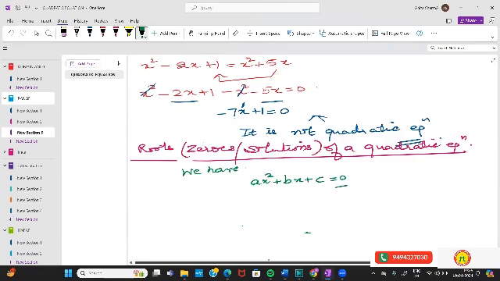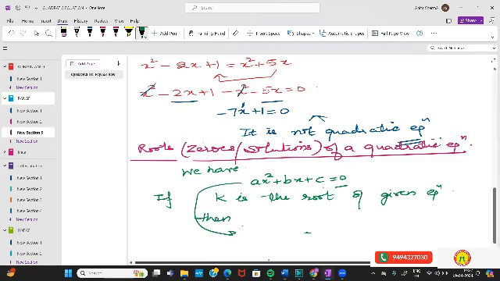Okay, this is your quadratic equation. So if k is the root of the given equation, then it will satisfy this polynomial. Then it will become ak square plus bk plus c is equal to 0. You will put x is equal to k because this is a root.